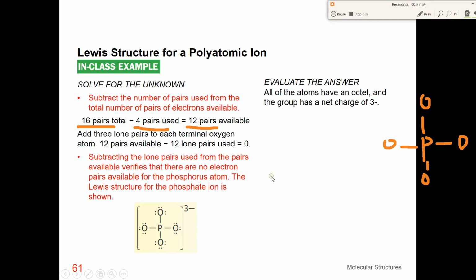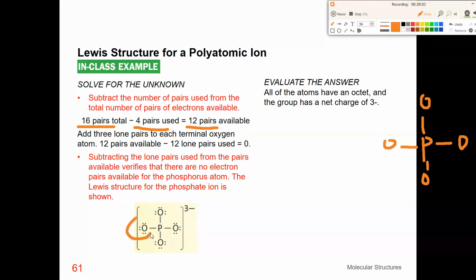We need to put the lone pairs around oxygen. So this is 1, 2, 3, 4, 5, 6, 7, 8, 9, 10, 11, 12. So we use 12 electron pairs. So we put 12 around oxygen. So we have no extra pair of electrons available for central phosphorus.